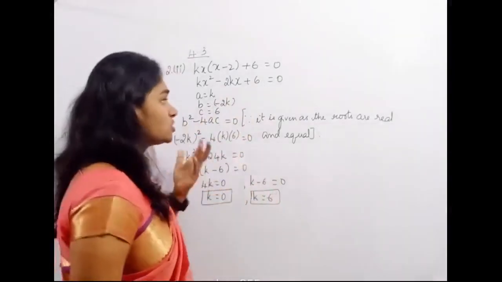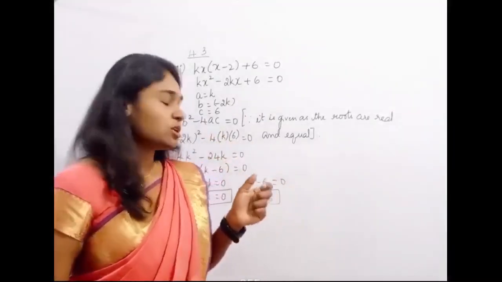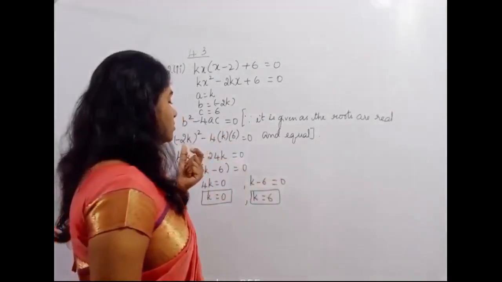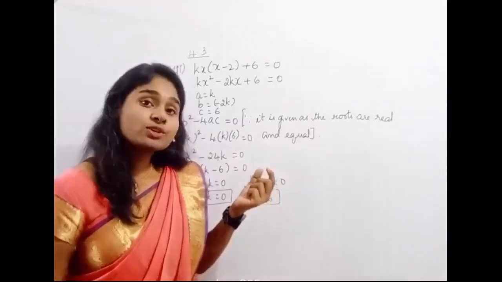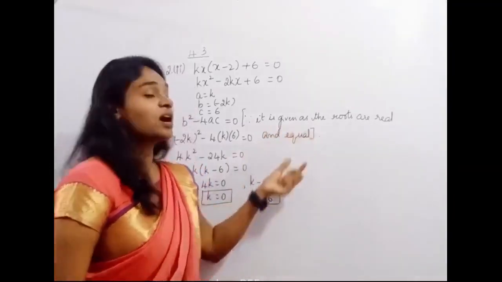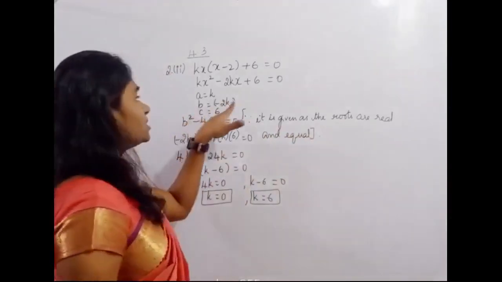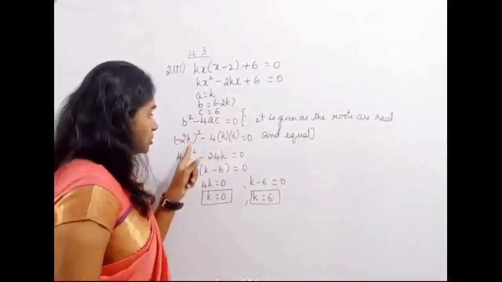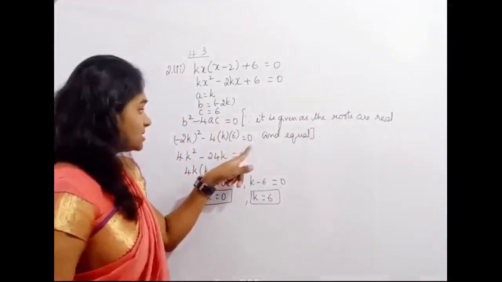Because in the question it is already given that the roots are real and equal, right? So now substituting b is equal to minus 2k whole square minus 4 into a is k and c is 6 is equal to 0.